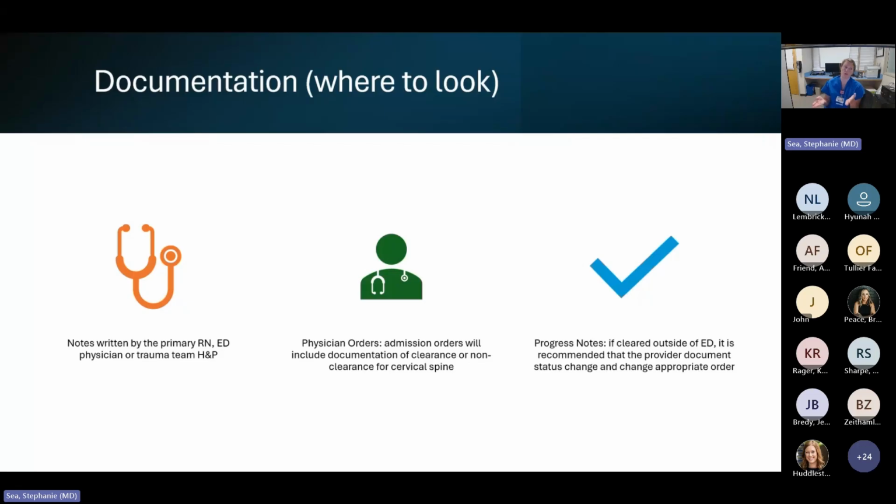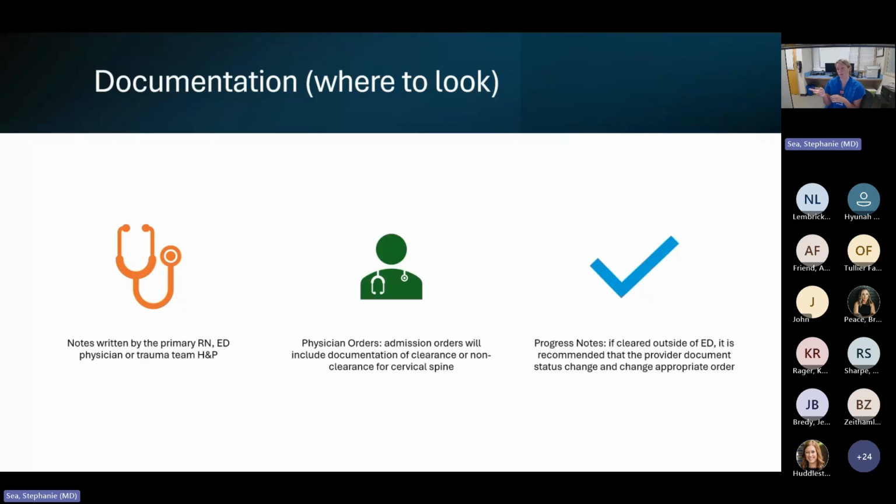Other places to look is the physician orders. When we do our trauma admission orders, we click the little check boxes that say cervical spine cleared or cervical spine not cleared, and then we'll put in some additional orders, like maintain cervical collar at all times. So you can look for that in the physician order section.